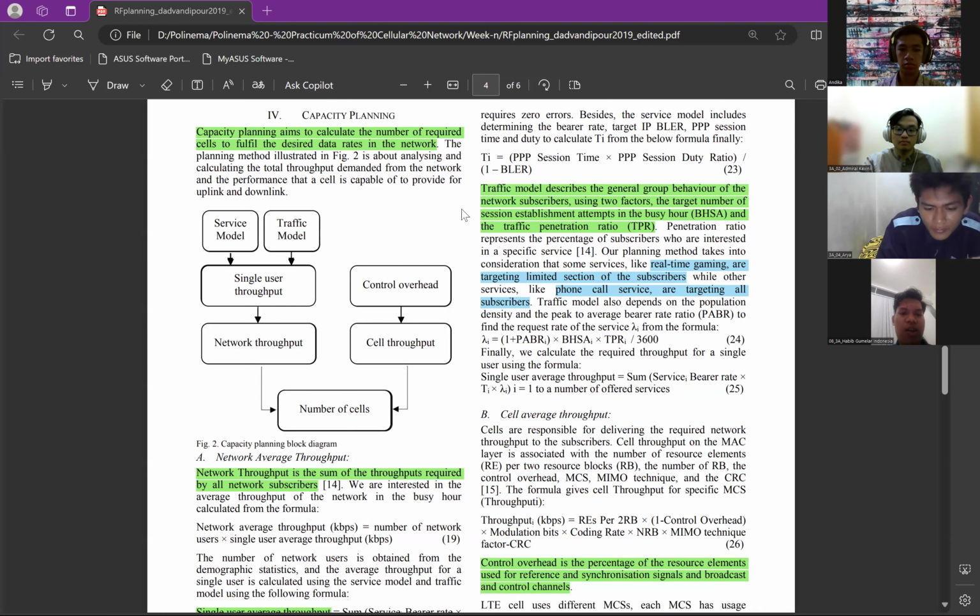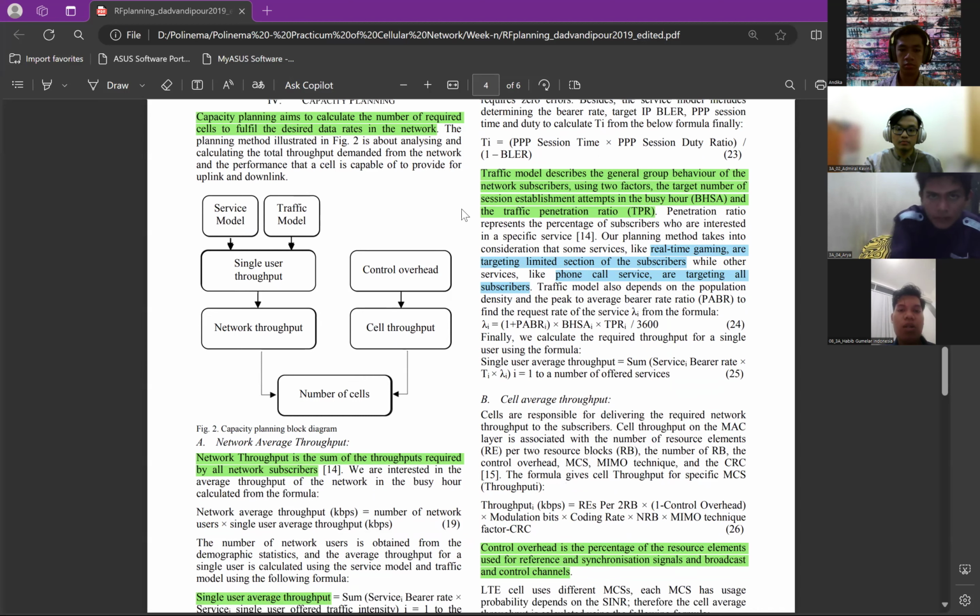Single user average throughput is a traffic model that describes the general group behavior of the network subscribers using two factors: the target number of session establishment attempts in the busy hour, or BHSA, and the traffic penetration ratio, or TPR. Real-time gaming targets a limited section of the subscribers.